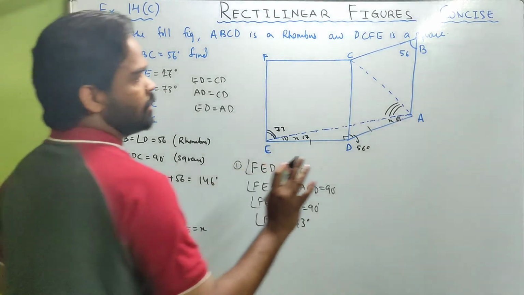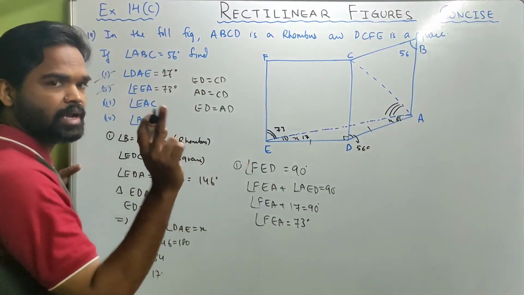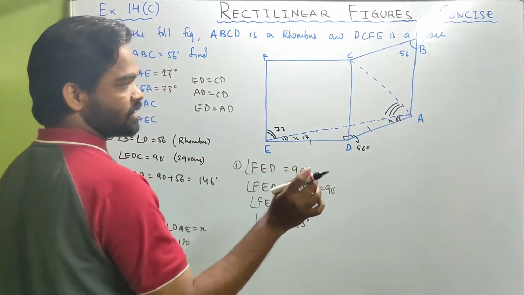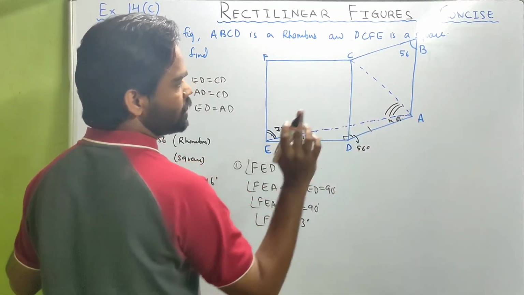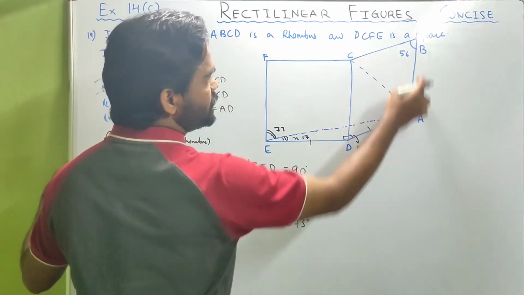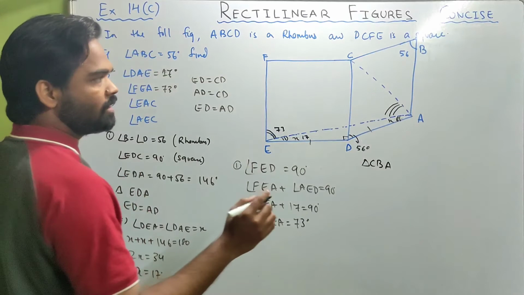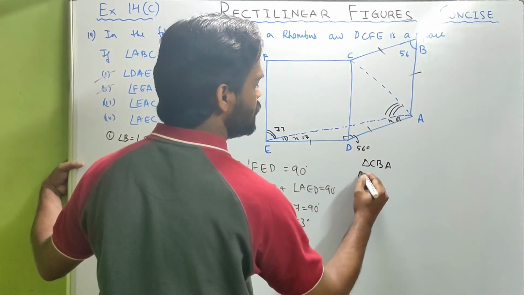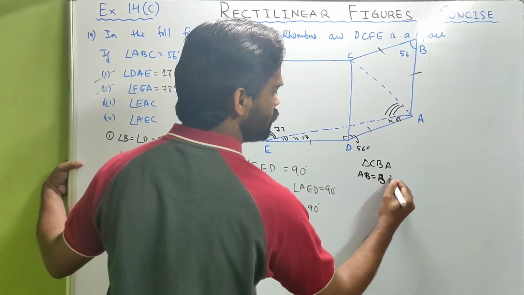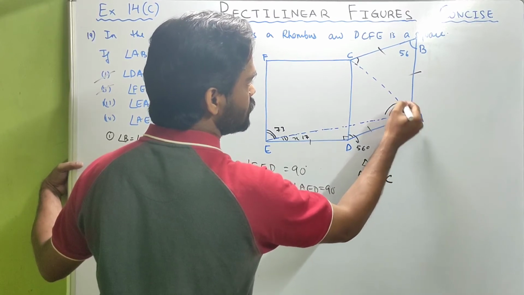EAC. Look carefully. Very easy. In the rhombus, the diagonal bisects the angle, which means AC bisects angle A. Now look carefully at triangle CBA. In that triangle, AB is equal to BC, which means this angle and this angle will be equal.